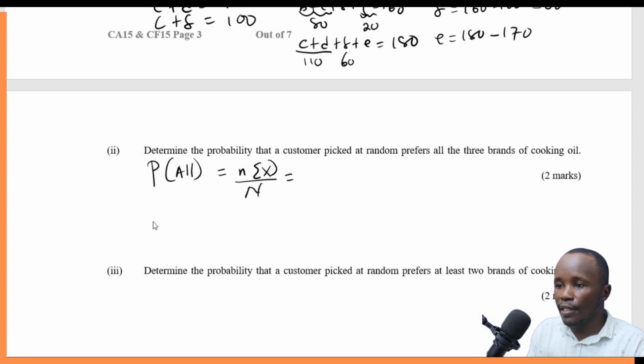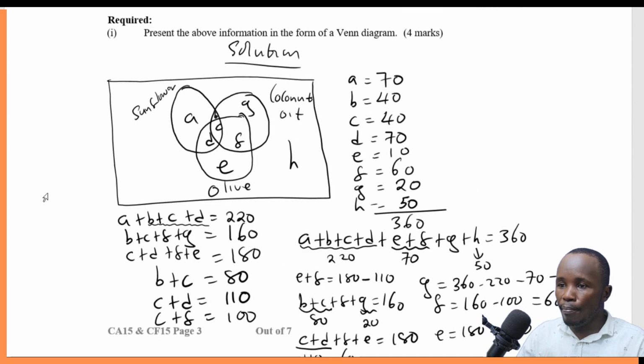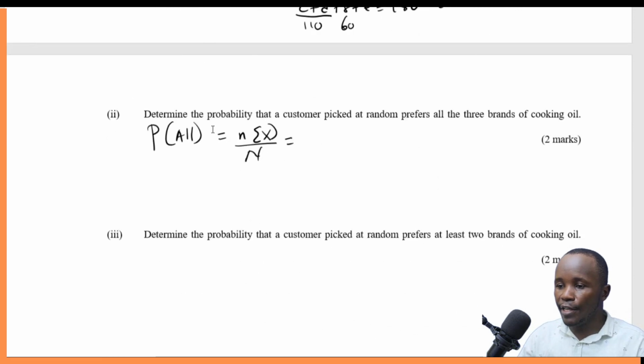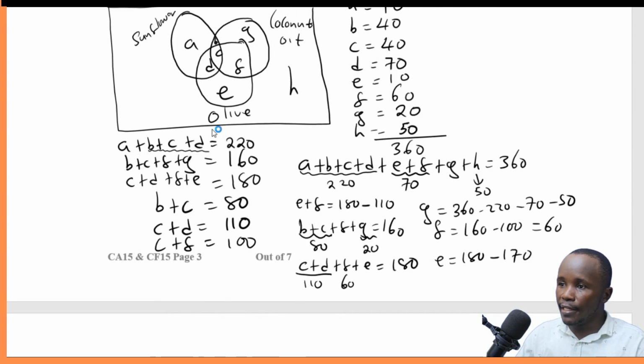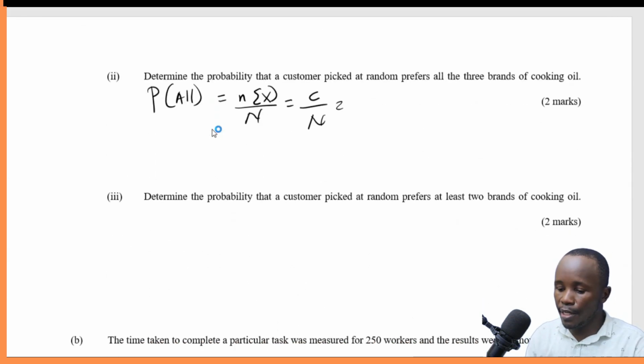Where does all belong? C. I need to get C divided by the total, C divided by N. Looking at the value given here, C is 40. So the probability is 40 out of 360, which is 1 out of 9.